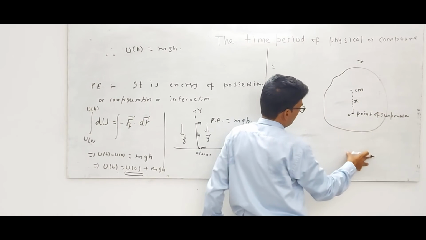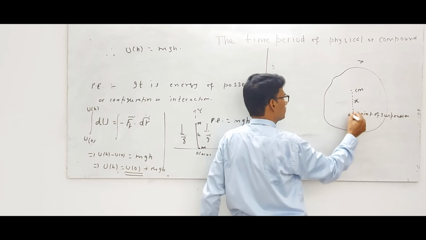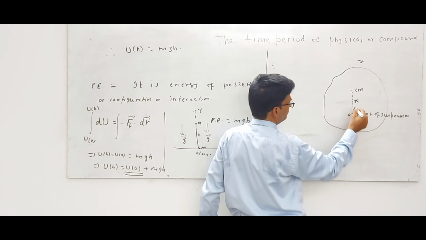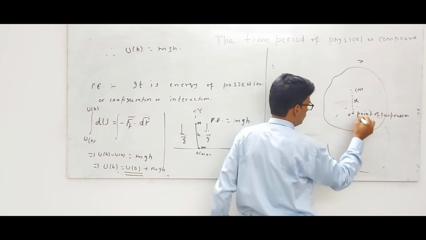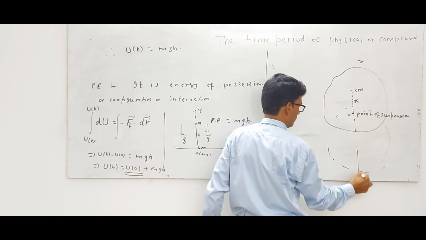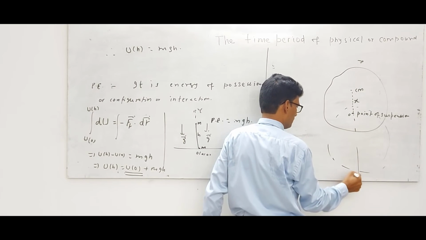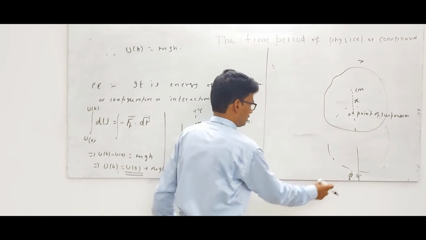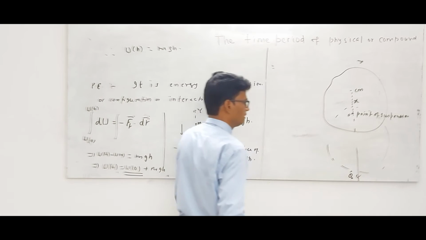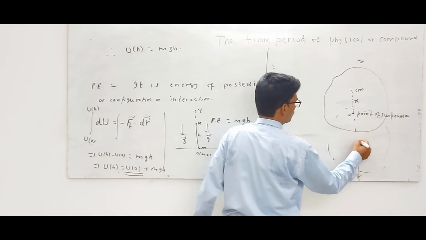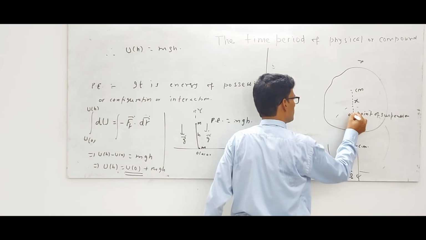It moves like that, and the body becomes like that. Once it crosses the vertical, the stable equilibrium position, the angular speed becomes theta naught dot. The center of mass is here, again at distance x.